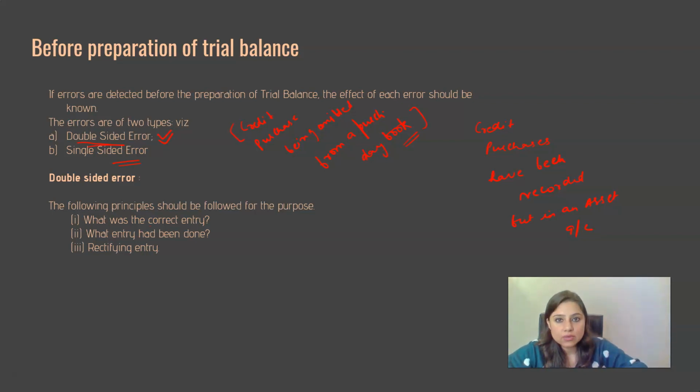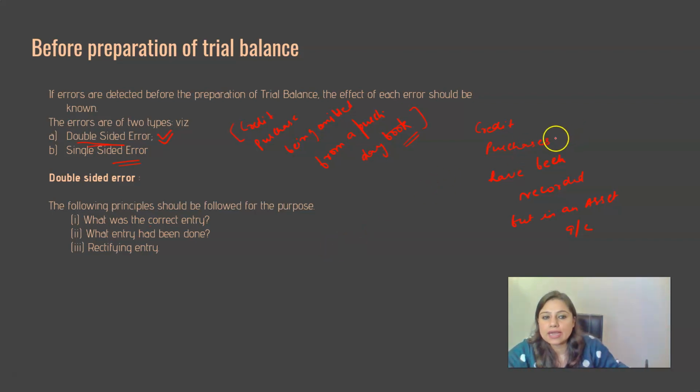So the asset account is debited. The credit account has been credited properly. However, the debit impact has been recorded incorrectly. So this is a single-sided error. Here the credit effect will not need to be rectified. Only the entry related to the debit impact would be done.